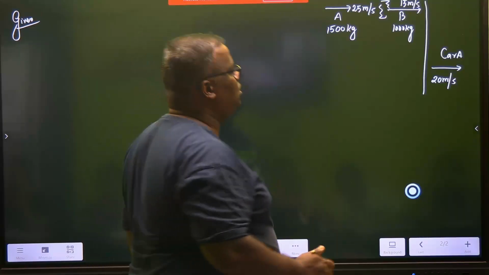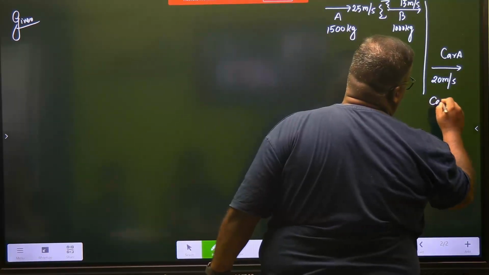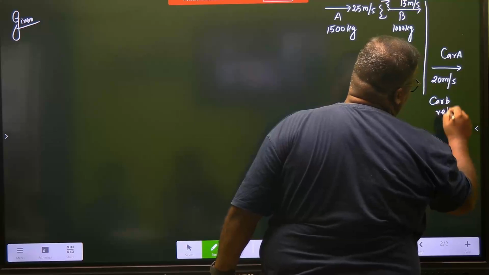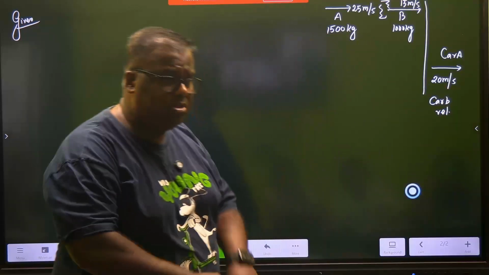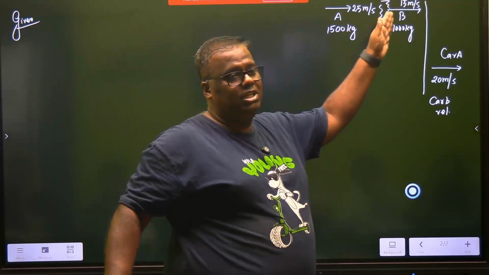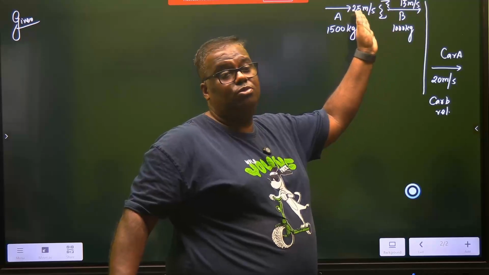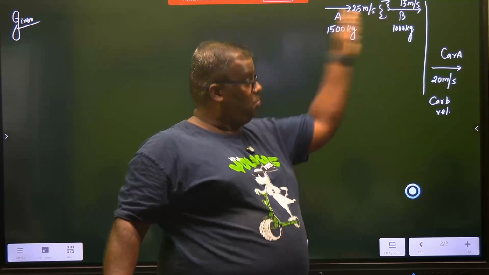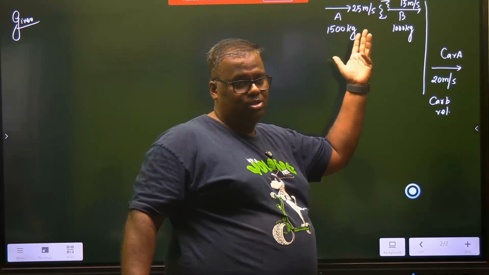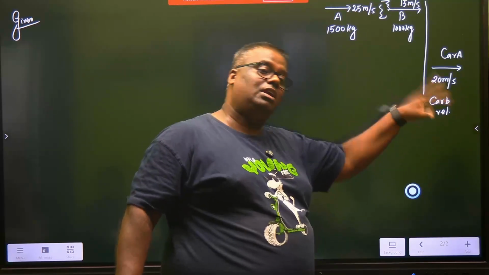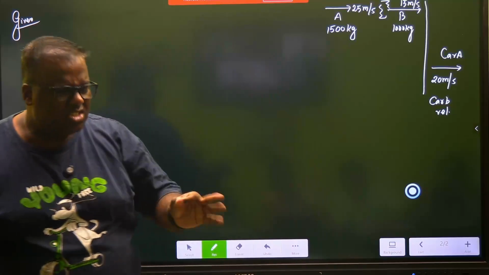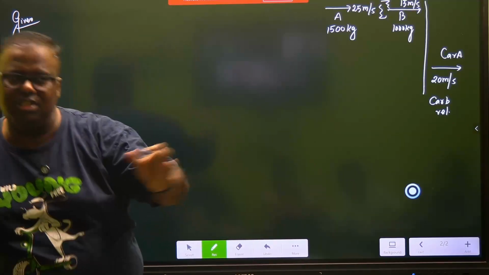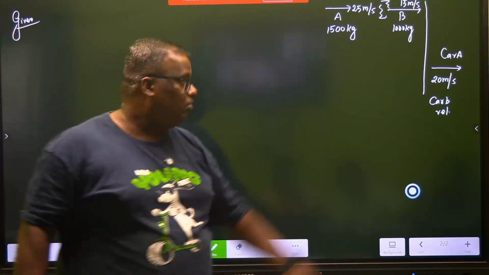Calculate the velocity of car B. Calculate what is its velocity. We don't even know. Sometimes you will see after hitting this, there can be a scenario where this can come to a stop. Sometimes after hitting this, this may rebound also. We don't know. But this calculation will tell us what happened. Did the striker go in the direction of the coin or did the striker come back? Okay? We have to find this.